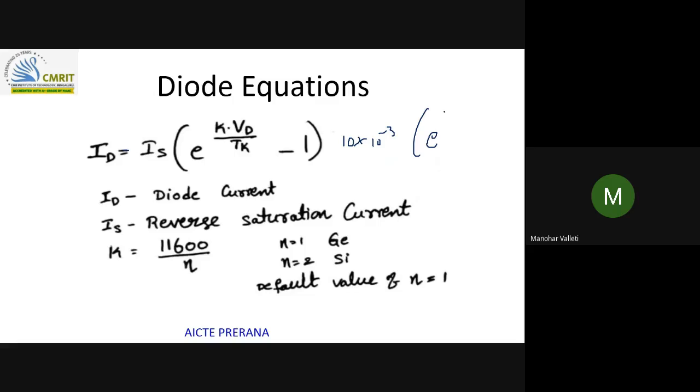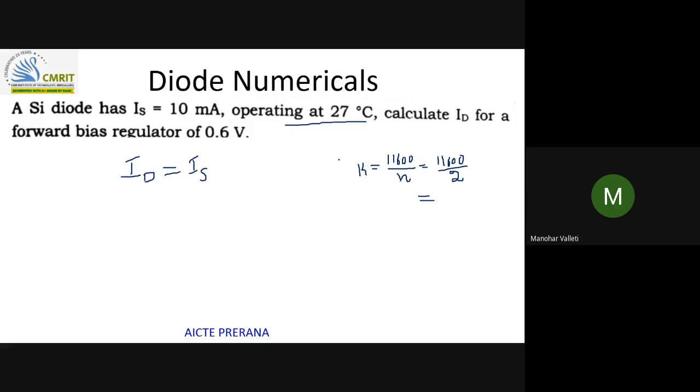For silicon, η equals 2, so the value we substitute here is 11,600 by 2, which is 5,800. V_D is 0.6.